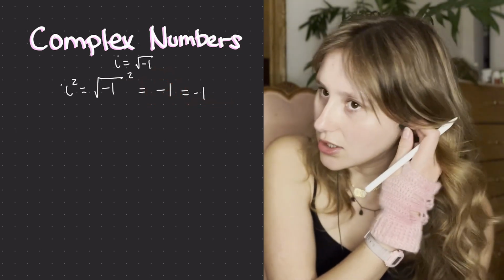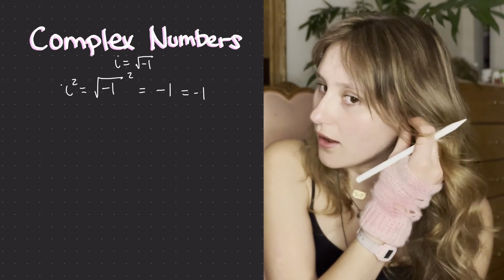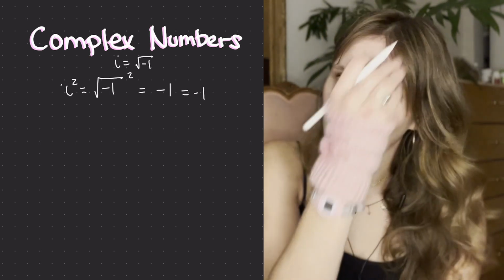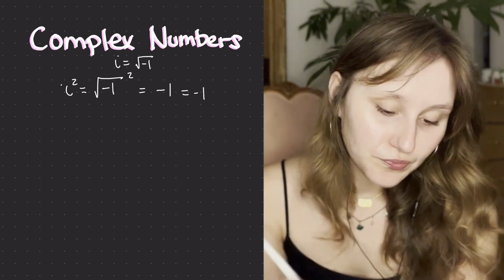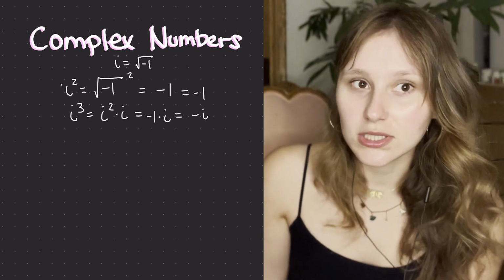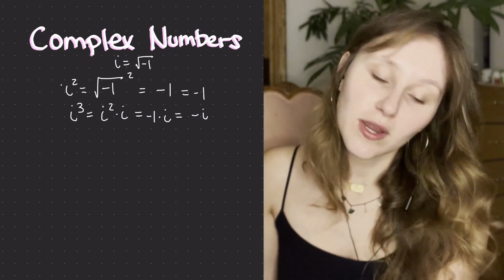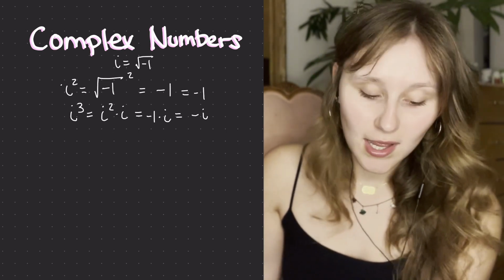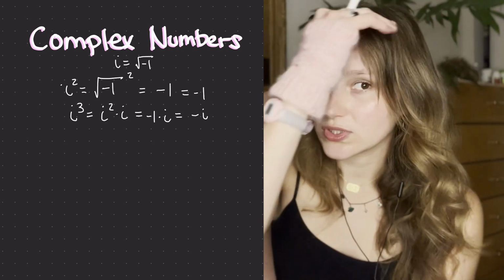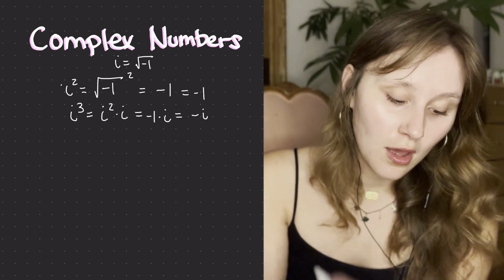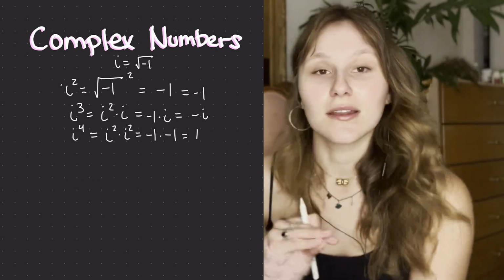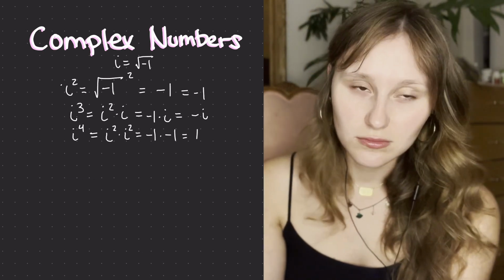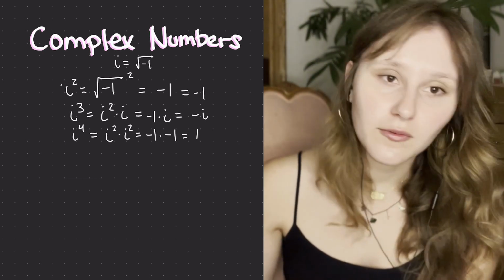That's a known fact, and you should know that off the top of your head. Then i cubed is i squared times i. i squared is -1, times i is just -i. Something else you should know: i to the fourth is i squared times i squared, which is -1 times -1, which is 1. i to the fourth is 1.